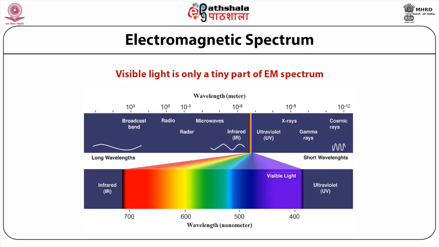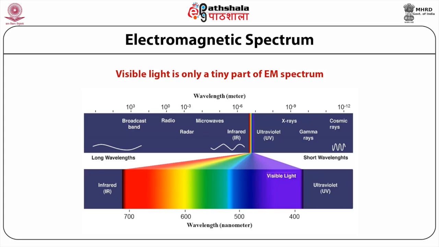Light is nothing but a collection of electromagnetic waves, but the light that we know, that is visible light, is only a tiny part of a large electromagnetic spectrum which spans from electromagnetic waves with very long wavelength, that is radio waves, to electromagnetic waves with very short wavelength, such as cosmic rays.